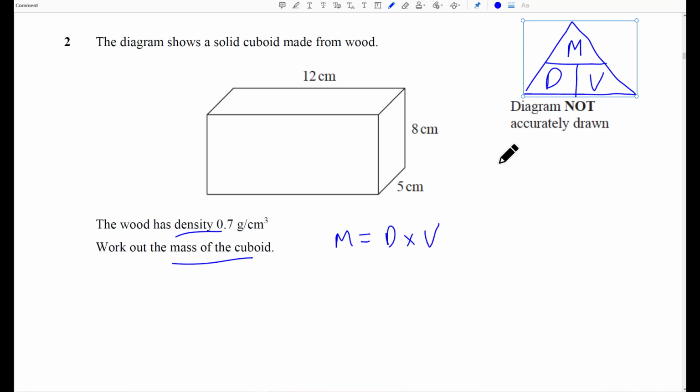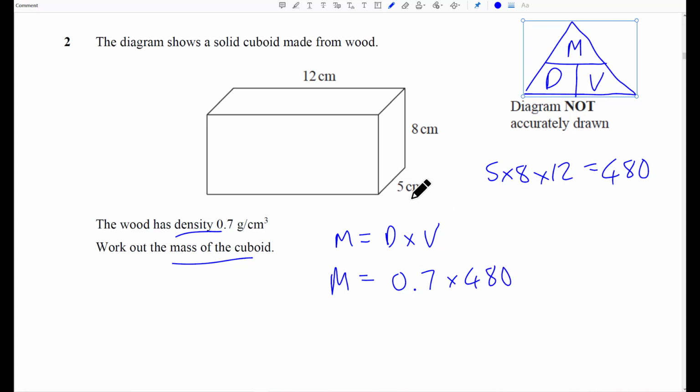How can we find the volume? Well, we know the volume of a cuboid is 5 times 8 times 12. I know you can do that on the calculator, but do put your working out down. That's 480. So M is going to equal 0.7 times 480.